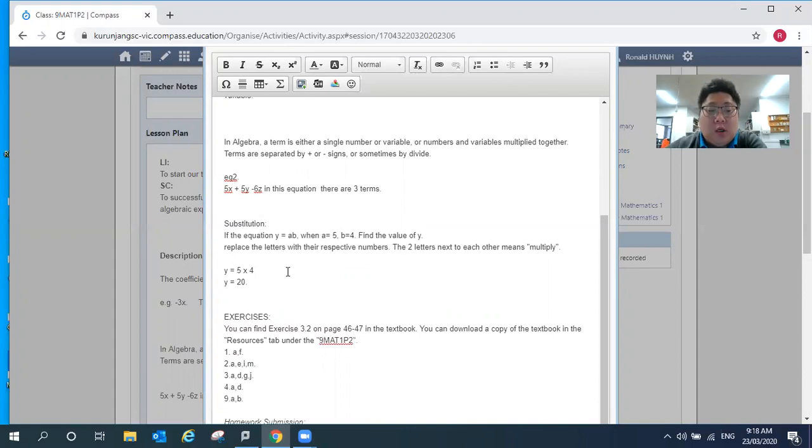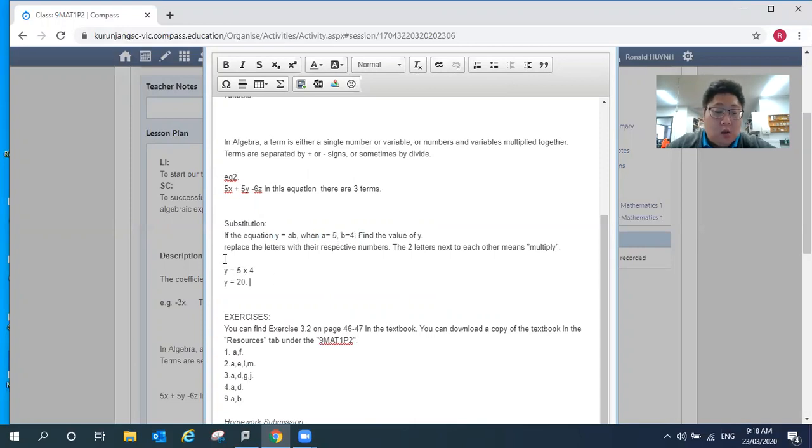For example, here we have the equation y equals AB, which means A times B. If A equals 5 and B equals 4, find the value of y. So what we do is we replace those letters with the numbers assigned here.